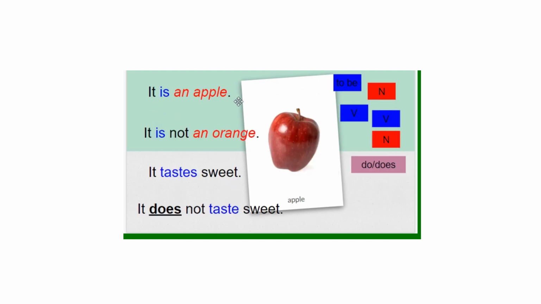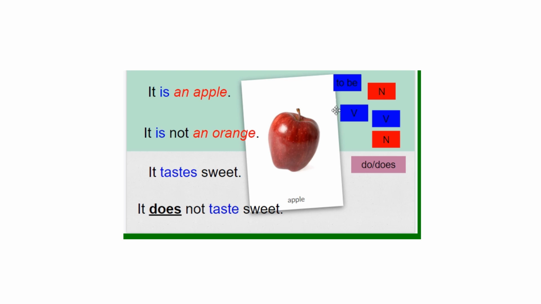It is an apple. It is not an orange. It tastes sweet. It does not taste sweet. Jadi kalau apelnya manis, kita katakan it tastes sweet. Kalau tidak manis, kita katakan it does not taste sweet. Mari kita identifikasi.